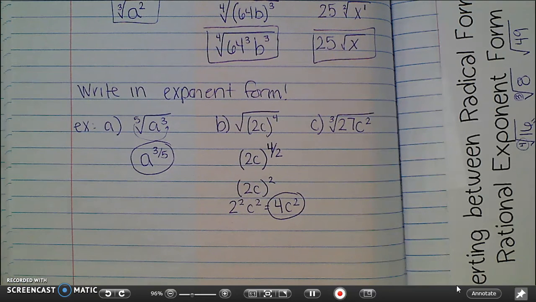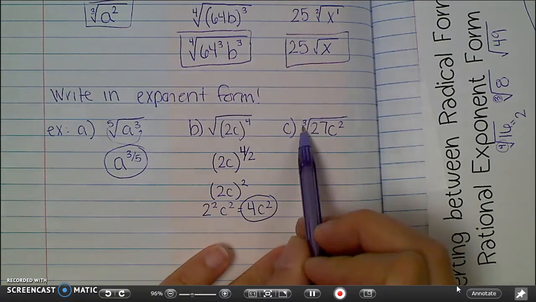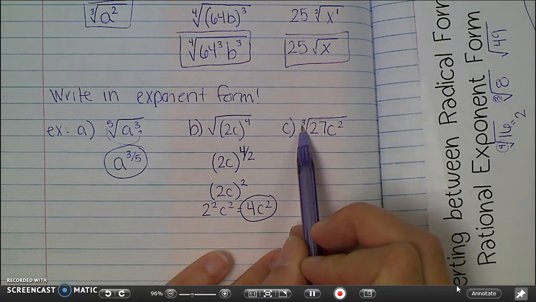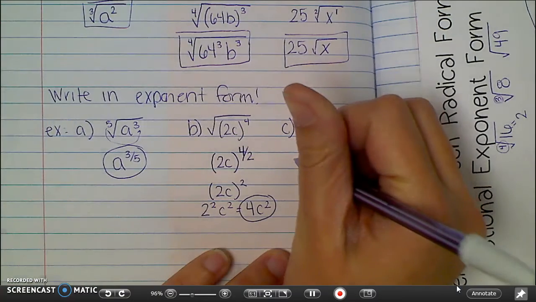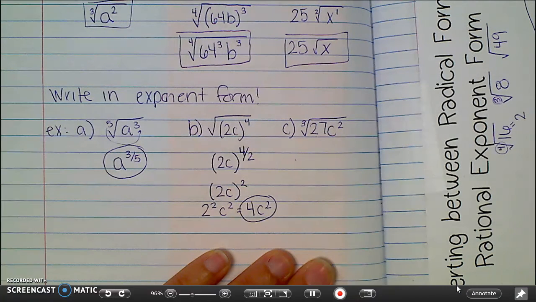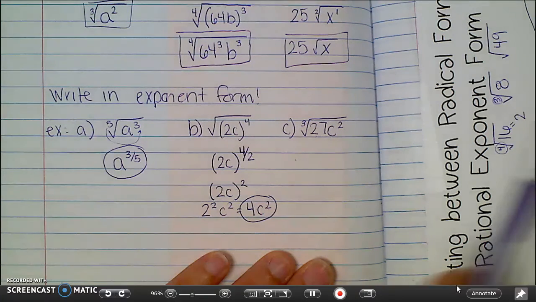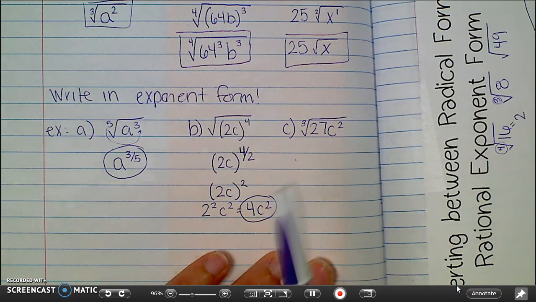And then the last one is a little bit different as well. Both of these things are being cube rooted. So when I rewrite this, I should think, as far as the number goes, I might want to think first, is there any number that when I times it 3 times is 27? And I know it's not 2 because 2 times 2 times 2 is 8.